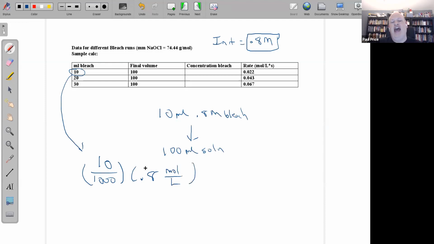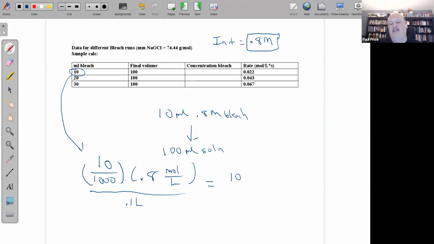And right away, that tells me how many moles of bleach I have actually pulled out when I poured out 10 mils. And then I diluted that to a final volume of 100 milliliters or 0.1 liters. And students in particular, I want you to realize we didn't necessarily have to convert it to liters.